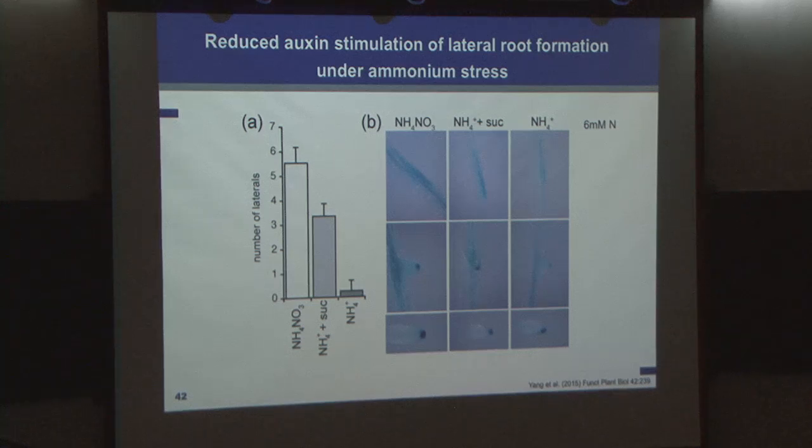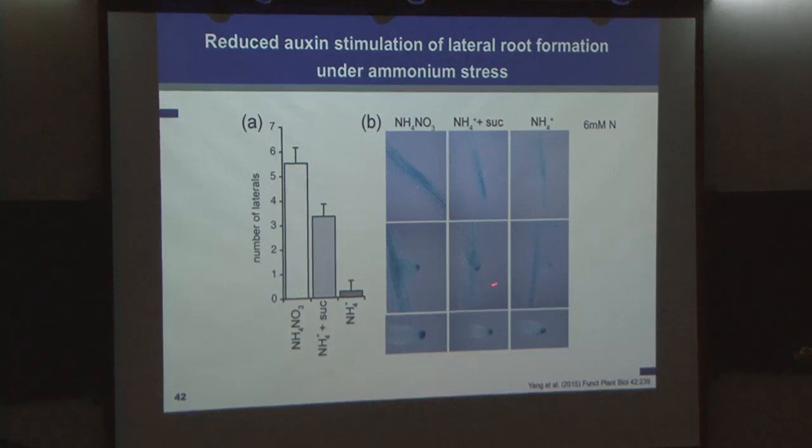These reporter plants are called DR5, for this auxin-responsive element, GUS plants. And these plants were used here to see whether there is some auxin-sensitive staining in ammonium nitrate or ammonium.